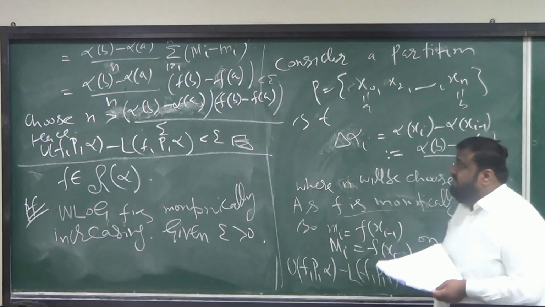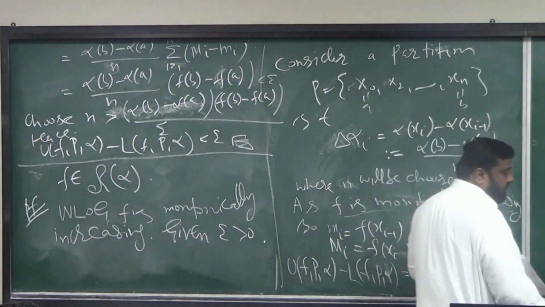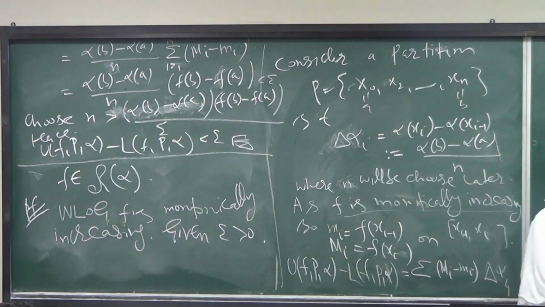I would like to just mention this result without proof. I'm not going to prove it. So if you wish, you can have a look at it. It shows that you have continuous functions in R of alpha, and you have monotonic functions in R of alpha, but there are other things as well.